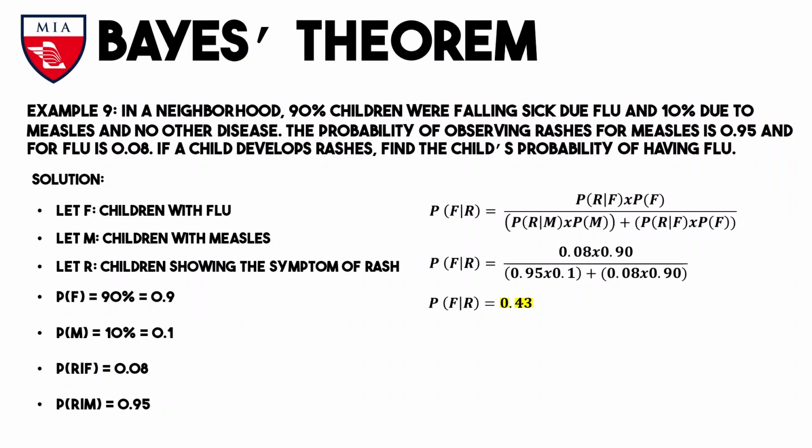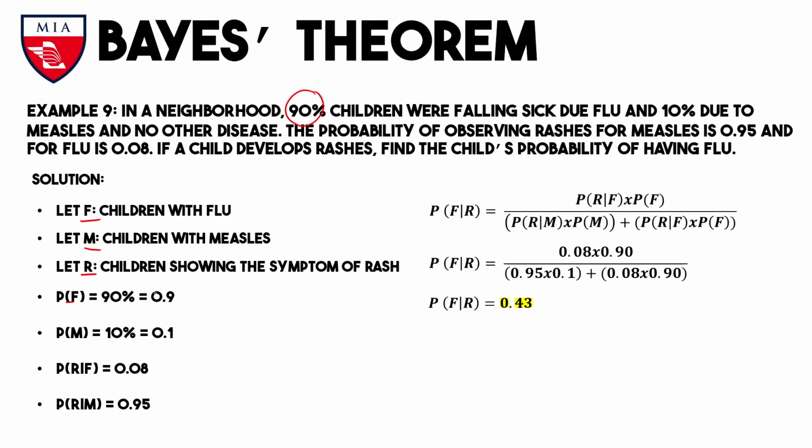Okay, so we need to find the probability wherein a child has rashes and has flu at the same time. So let F be the children with flu, let M be the children with measles, and let R be children showing the symptom of rash.